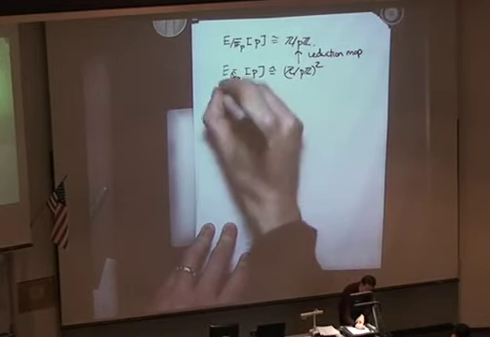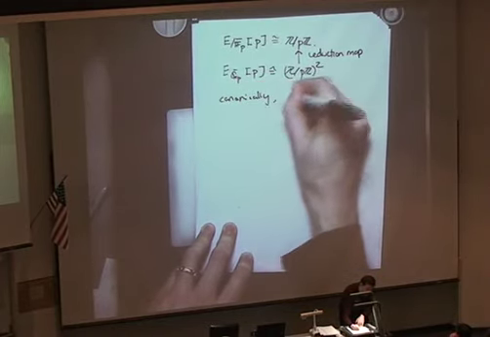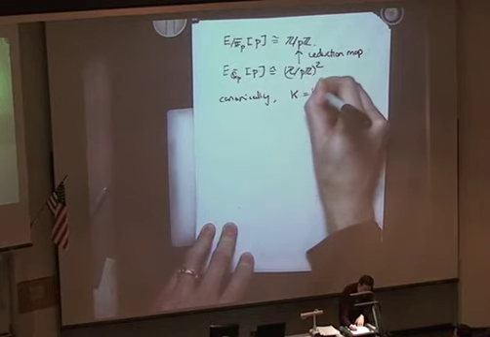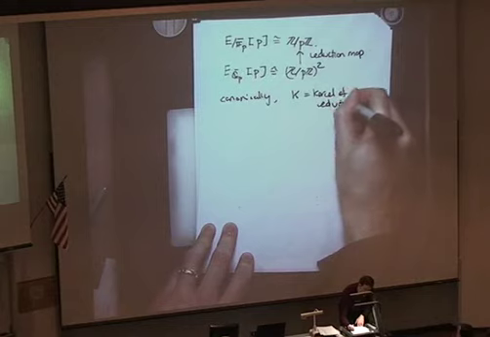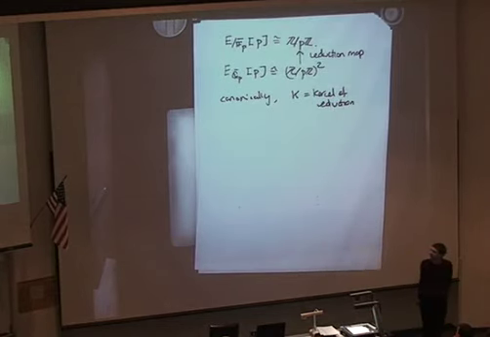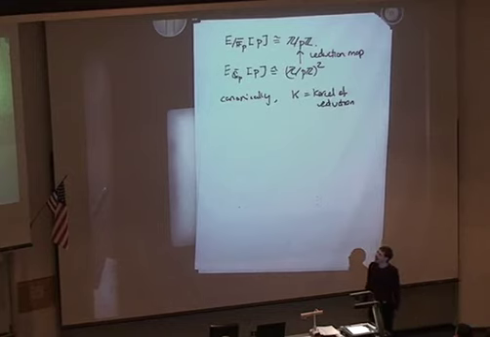And what we get then is canonically the kernel K, which is the kernel of reduction. Well, maybe I should have called it P. So we've done exactly what we needed to do. If you have an ordinary elliptic curve, you can canonically come up with a subgroup of order p, and that does the job.